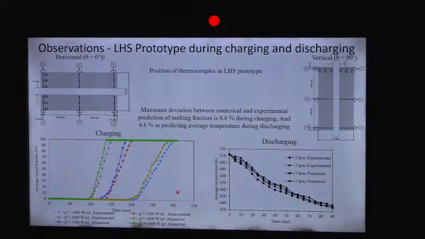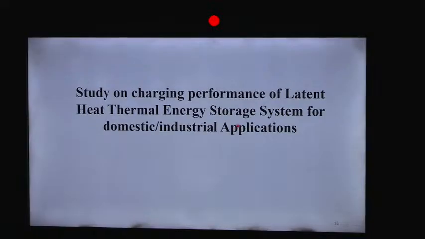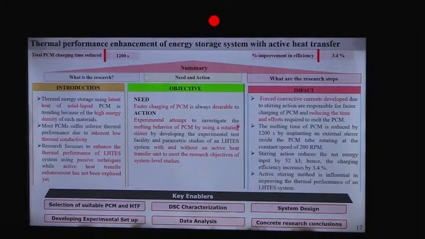We wanted to understand in what way this charging and discharging is getting influenced when we are comparing the experimental discharging of this latent heat solar salt based system, and we found that the horizontal domain melting is much faster in comparison to that of the vertical domain, by virtue of this upsurge in the natural convection, or the convective current, which is happening when you are having the solar salt being energized using sun and being discharged using the heat transfer oil, which is circulated through the central part of the thermal battery which you are using.